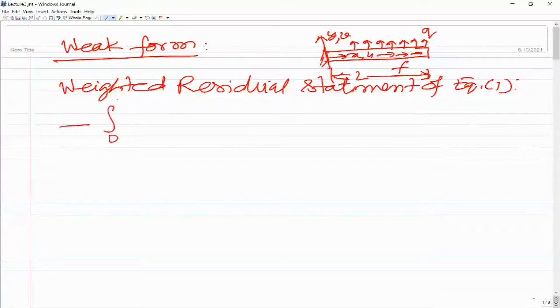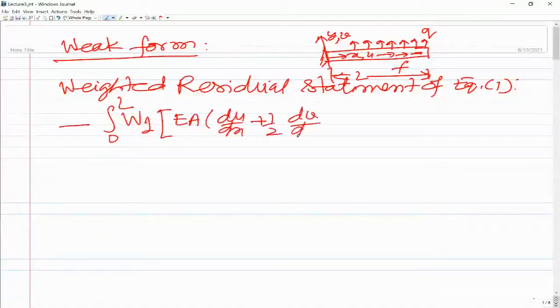So we will have the integration from 0 to L for the first equation. The weight function I am taking as w1, and then the equation is EA into du by dx plus half of dv by dx whole square, minus f dx is equal to 0.